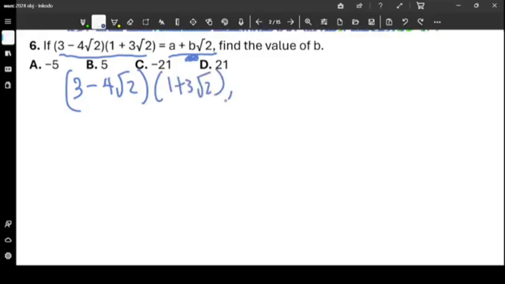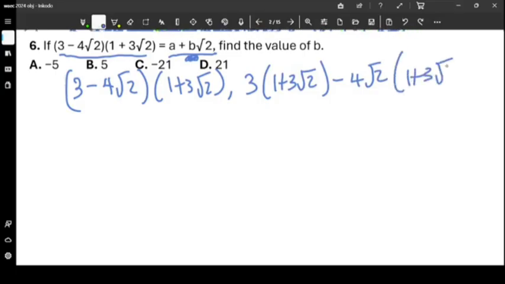So let's proceed. 3 minus 4 root 2 into brackets 1 plus 3 root 2. If you expand this, you are going to have 3 into 1 plus 3 root 2, then minus 4 root 2, that's the second part, into 1 plus 3 root 2. If I expand this bracket, 3 times 1 will be 3 plus 3 times 3 root 2.